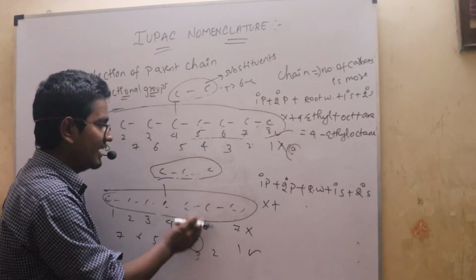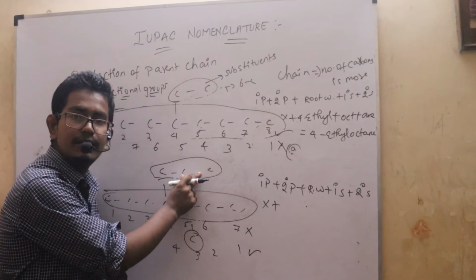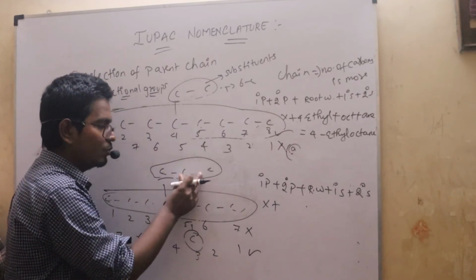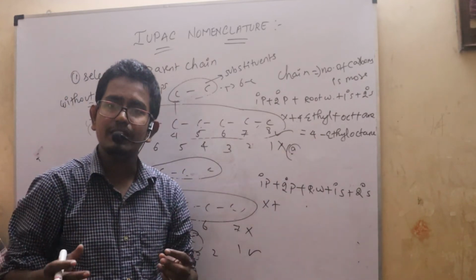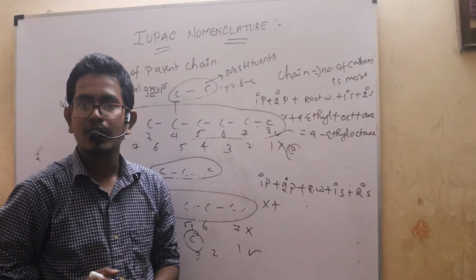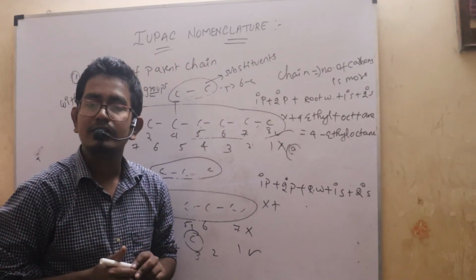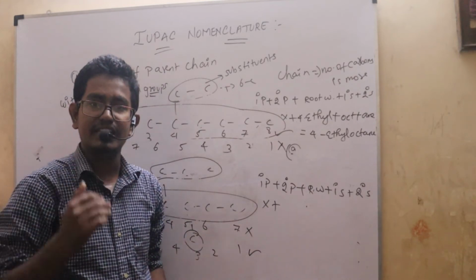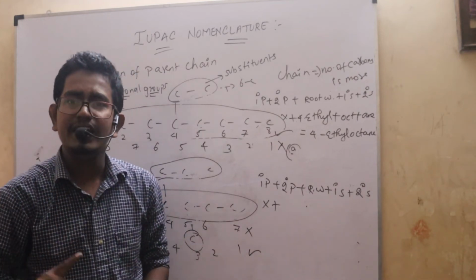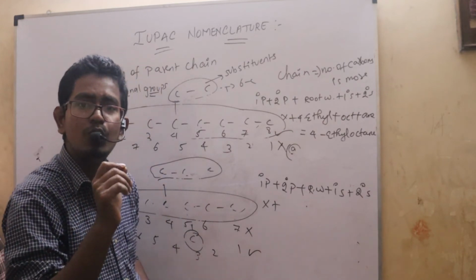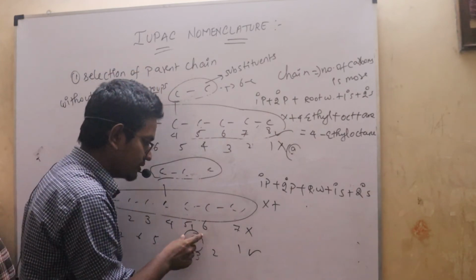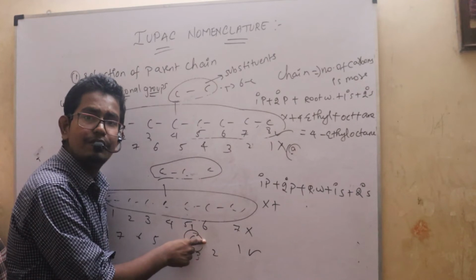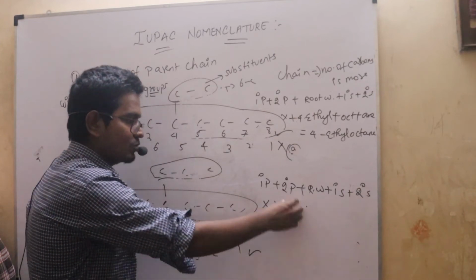Here two branches are there, that means two substituents are there. So we should write the numbering in such a way that my first substituent gets the least number.